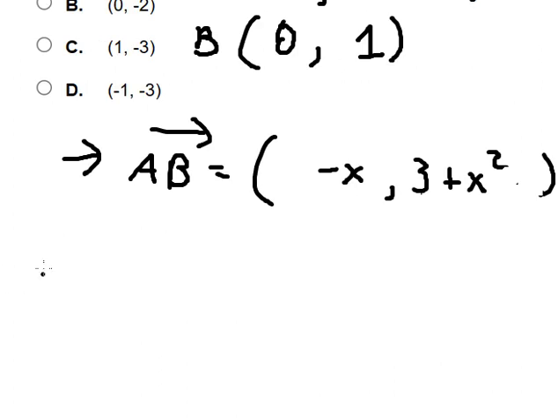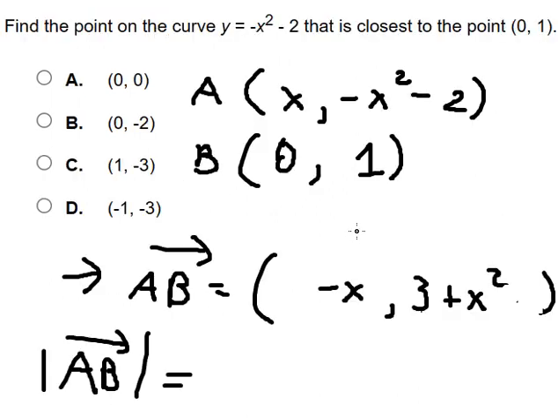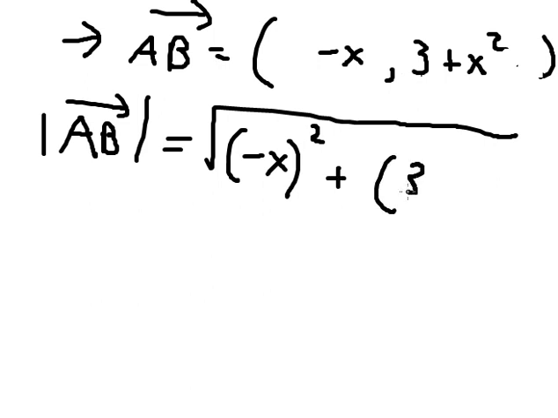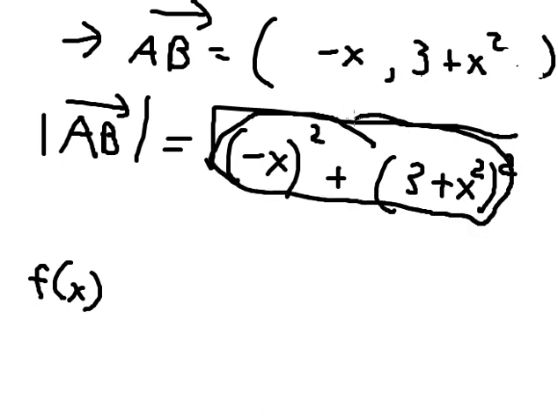Next, we need to find the magnitude of vector AB. So we can find the distance between point A and B. Now, in this situation, we just consider the function under the square root.